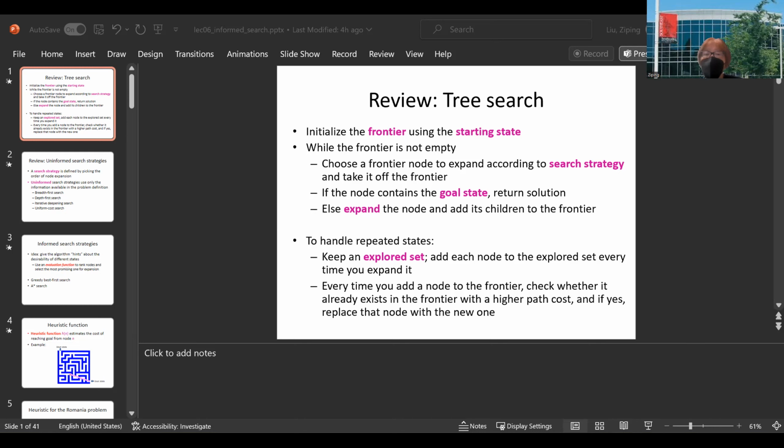For Arad to Bucharest, is that heuristic admissible? Yes, because it's a straight line distance. Any distance between two points, the straight line is the lowest one. No one can be less than that. So definitely that heuristic is admissible.